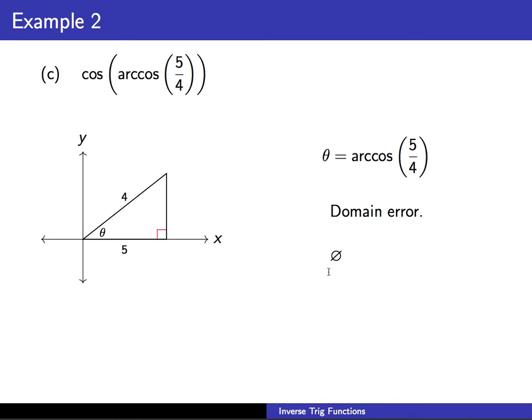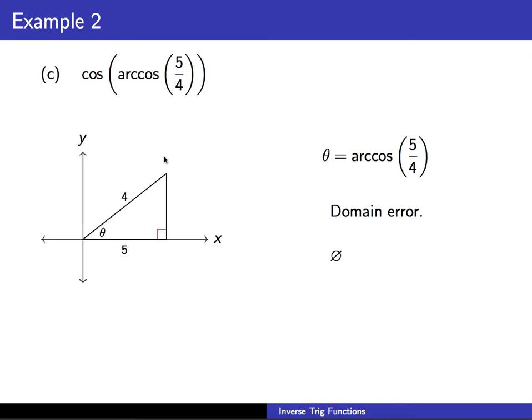Now, visually, the reason why that happens is in this first step, when we drew this picture, if we stop and look for a moment, we have the adjacent side is 5, the hypotenuse is 4. The hypotenuse has to be the longest side of any right triangle, and in this case, that's not happening. The hypotenuse is less than the adjacent side.